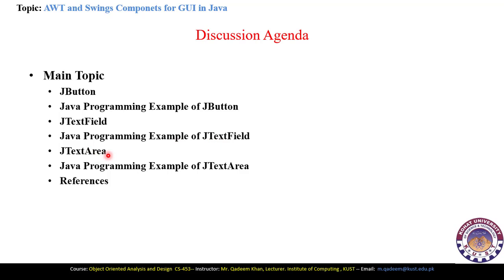Similarly, JTextArea provides multi-line output and input. So JTextArea is a very important control. Here we have practical programming examples of JTextArea in Java, and at the end we have some book references for you, which are very useful so that you can study these books for your knowledge.